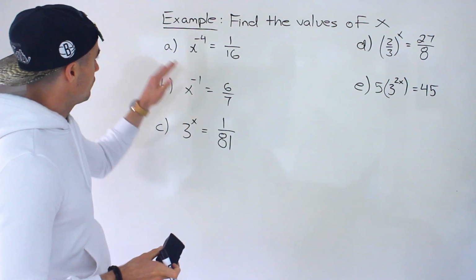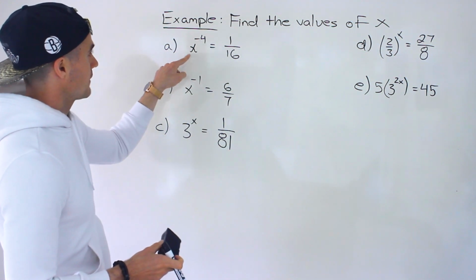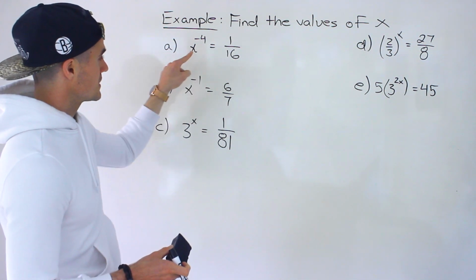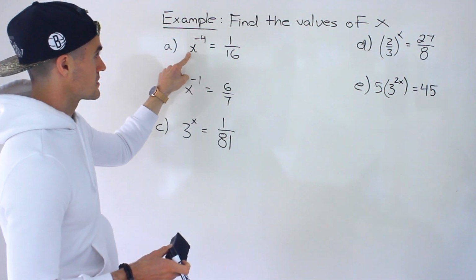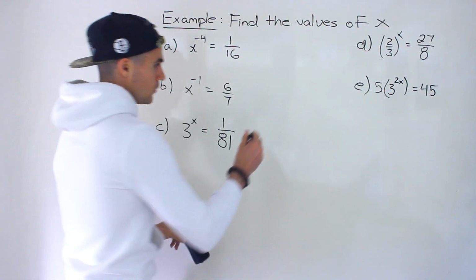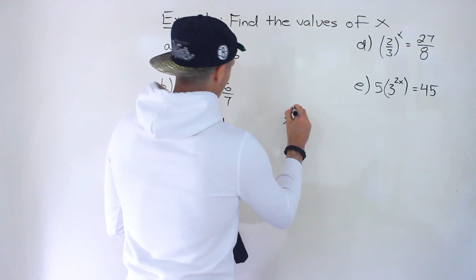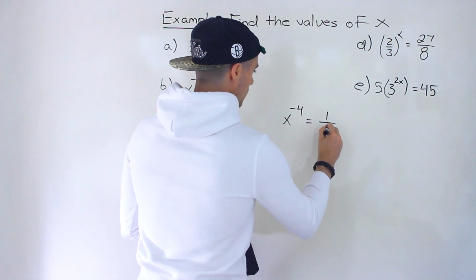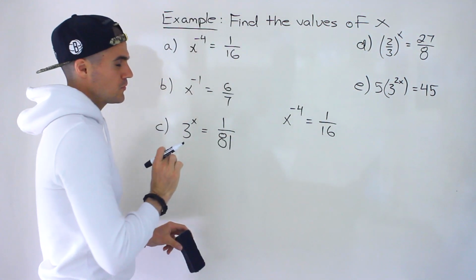So starting off with part A, we got x to the negative 4 is equal to 1 over 16. So basically, what value of x would give us this right here? And with these kinds of questions, there's actually different ways to do it. Your teacher may show different ways.